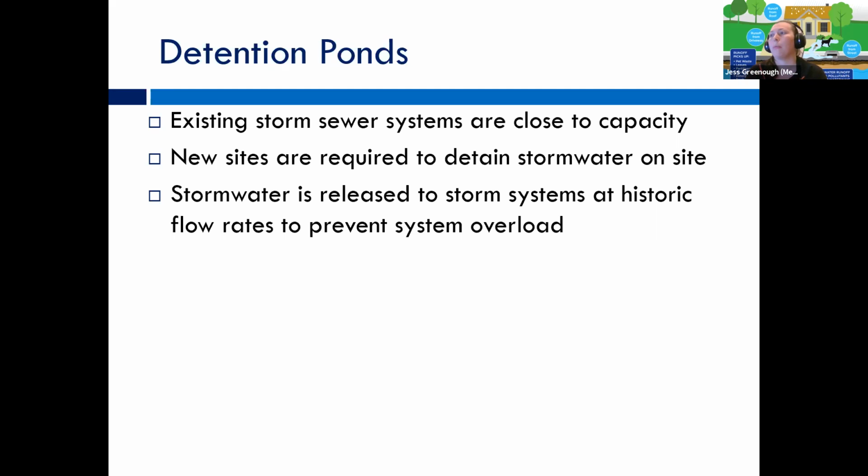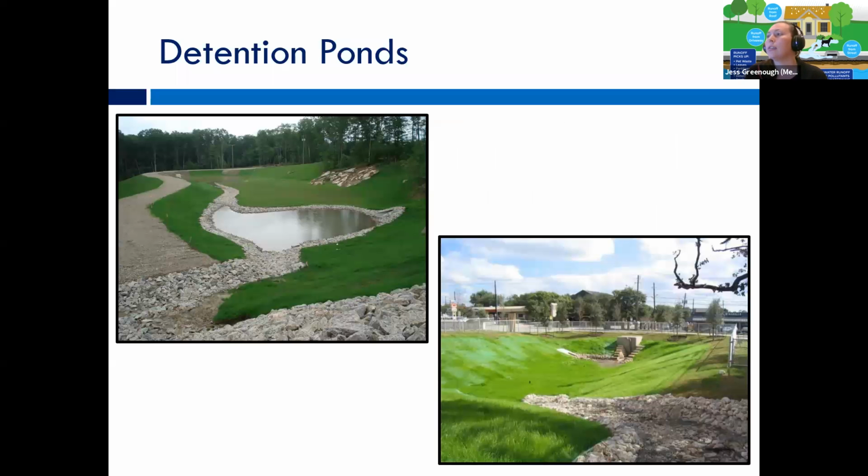So basically, anytime we do a new site, a new development anymore, we have to detain that stormwater and then control the rate of release of that stormwater so that it matches the historic runoff from when that site didn't have pavement on it, when it was just a grass field, just to prevent system overload and not flood anybody out downstream of us.